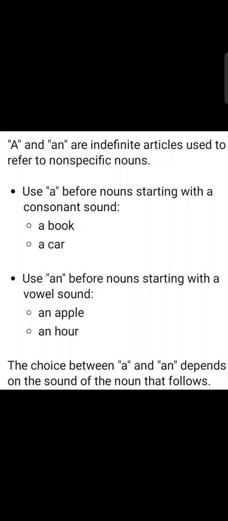But here we again need to understand that we are emphasizing the first sound of the word being a vowel sound, not only the vowel letter. So in the word hour, the first letter is H and its sound is "ow", because we are pronouncing H-O-U-R as "our". So the "ow" sound makes it clear that there is a vowel sound at the start, and the word hour has an initial letter that is sounding like a vowel sound, even if you see that H is a consonant letter. I hope you got to know the use of a and an.